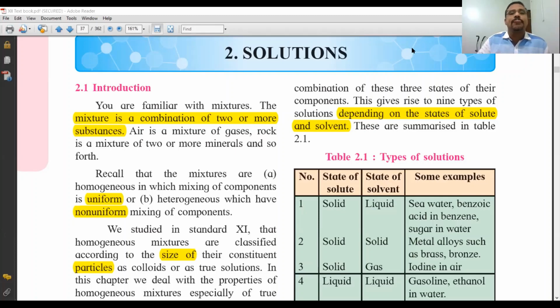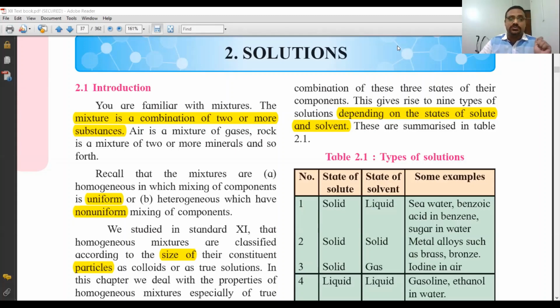Okay, students. The chapter begins with the first definition, of mixture. What is given? Mixture is a combination of two or more substances. But I want to give you the precise definition.